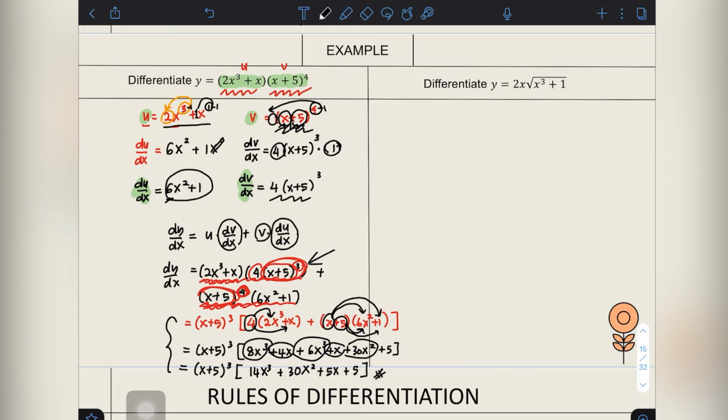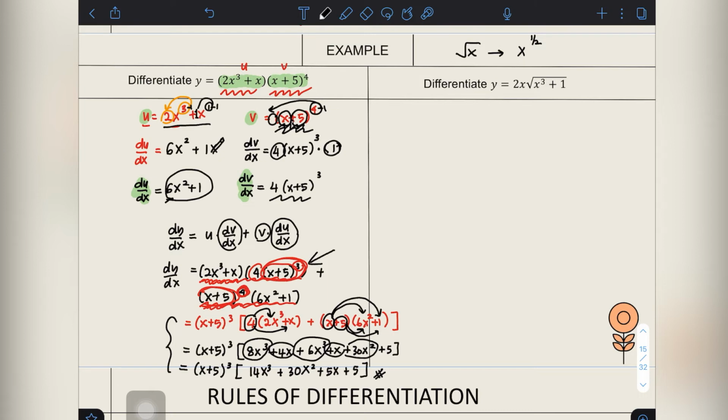If you have square root of x, you can change this to x to the power of 1/2. So whenever we want to do a process of differentiation, we cannot differentiate square root. So we must change the square root to become a power.